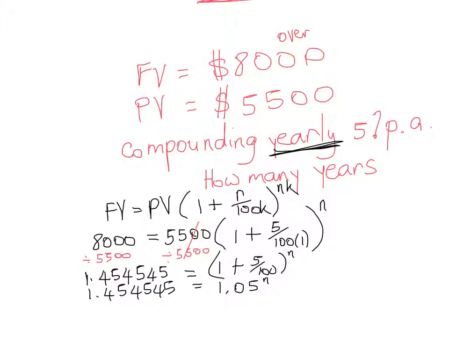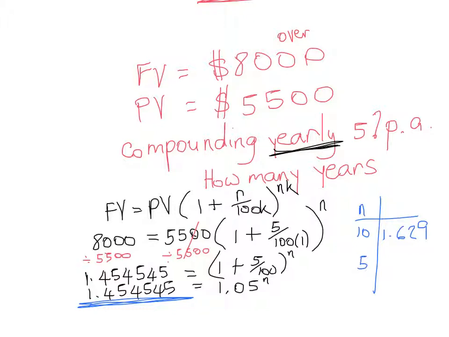If n is 10, then our value over here would be 1.629. Too big.